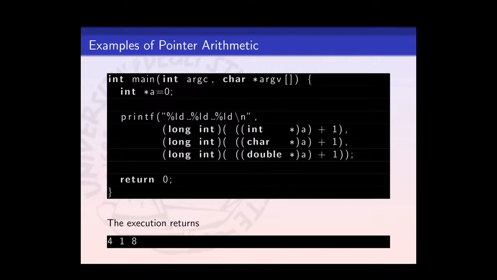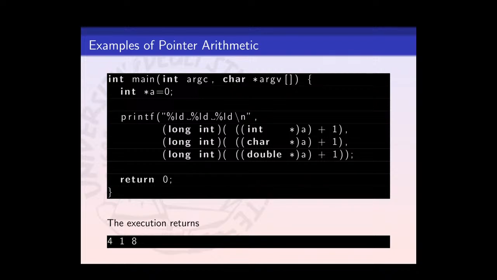Because of that, by increasing the pointer by 1, I end up in the next free position to represent that data type. So if I take a pointer to integer, and a full integer needs 4 bytes, by increasing that pointer by 1, I end up 4 bytes after the original position.